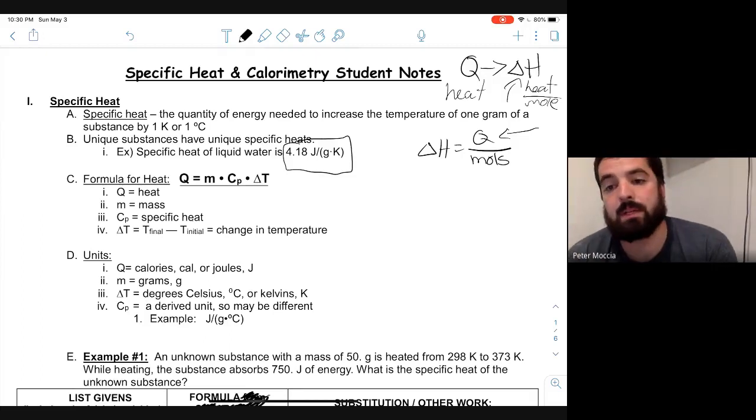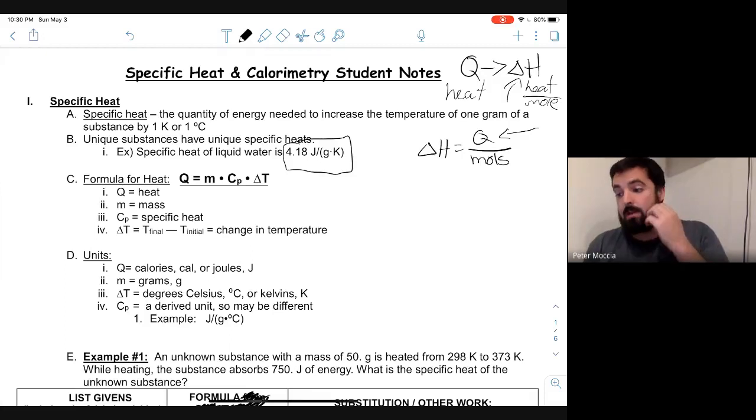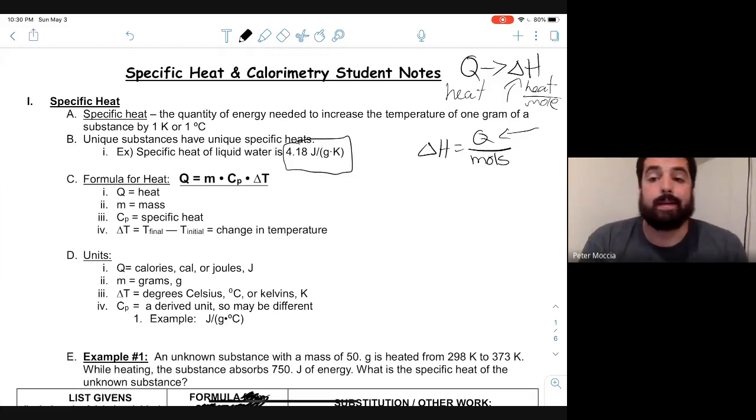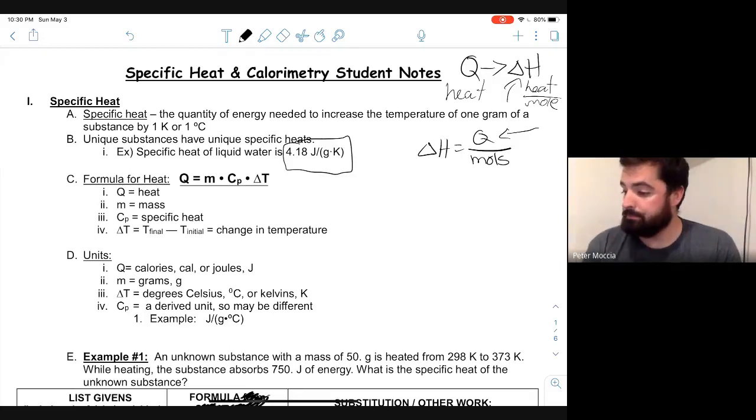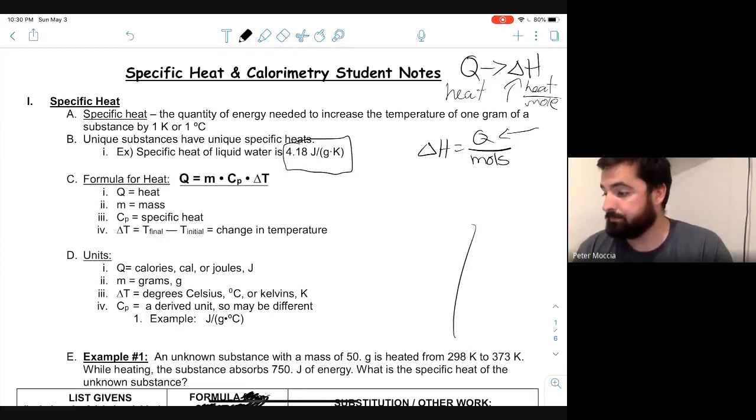Okay, so what we're going to be dealing with is a process that involves a change in temperature, because if heat is added, there's going to be a positive change in temperature. If heat is taken away, there's going to be a negative change in temperature, right? So if heat is released, there's going to be a negative change in temperature. If heat is added, there's going to be a positive change in temperature, right?